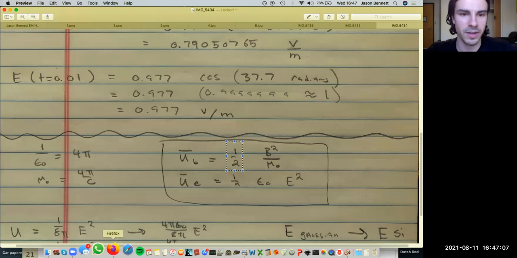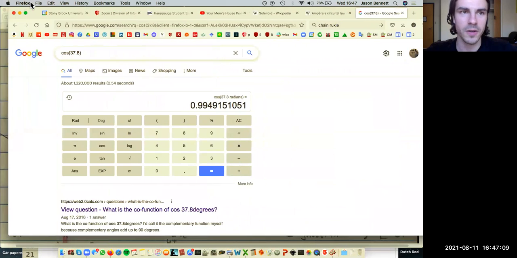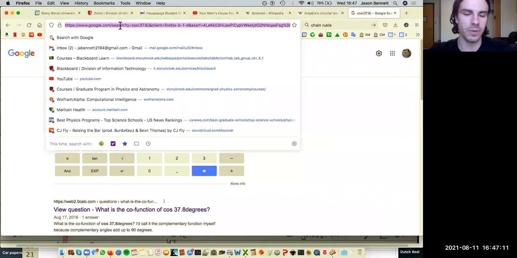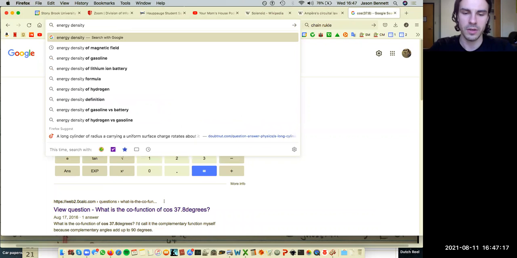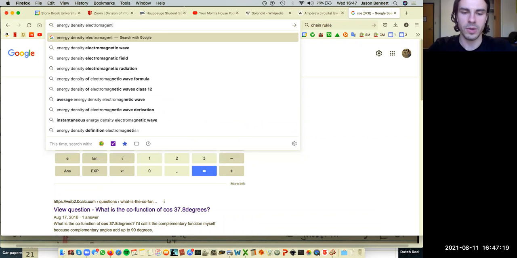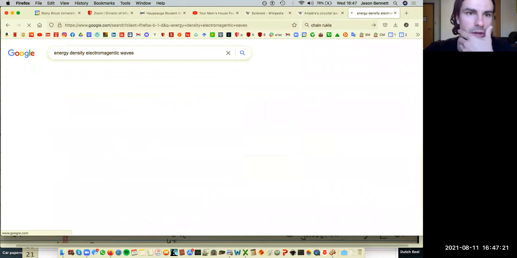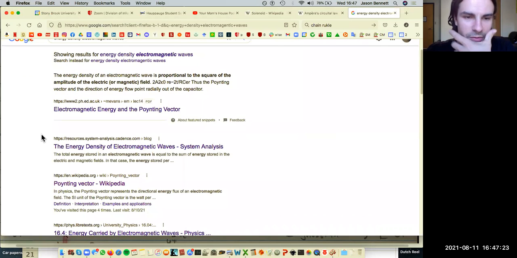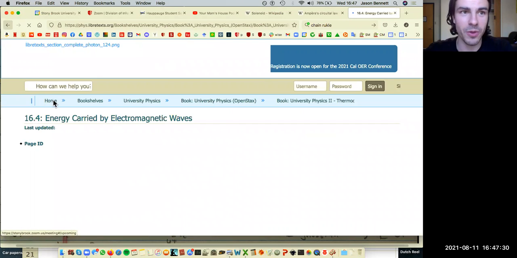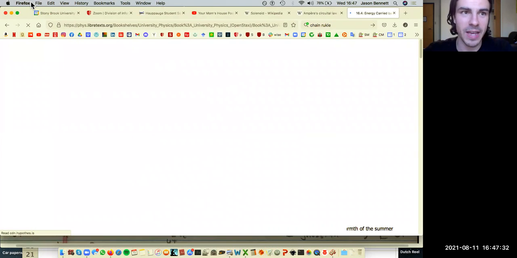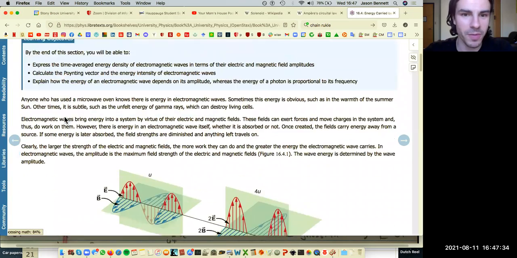Because, let me find it somewhere. I forget what textbook I was using, so I'll just Google it. Energy density of electromagnetic waves. Let's see if anyone actually writes it out explicitly. Because if you look on most places, they just give you those two equations, and don't explain where the 1/2 comes from.